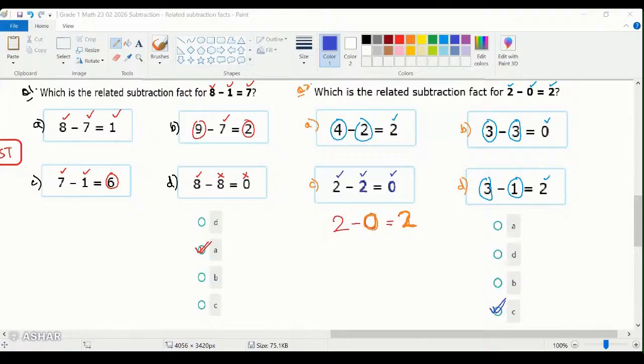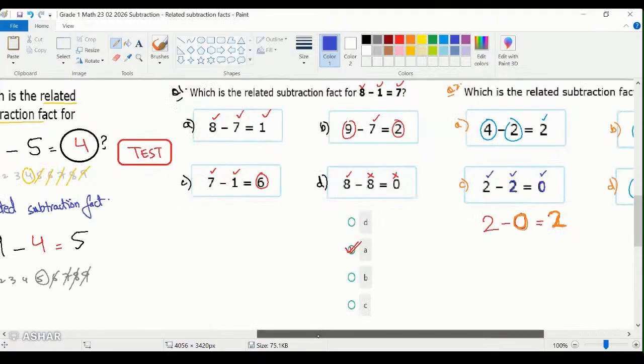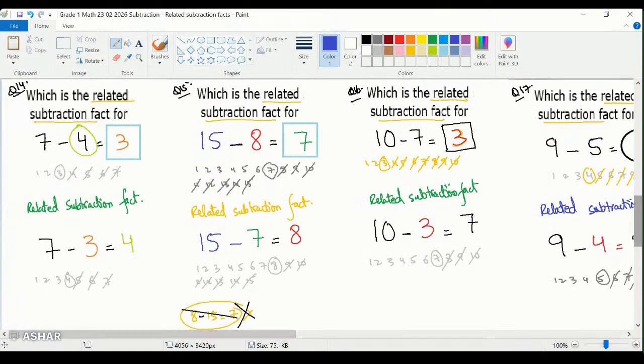Okay, moving ahead to the next question. The next question tells us which is a related subtraction fact for, just a minute, let me copy. Question number 3 from the test.